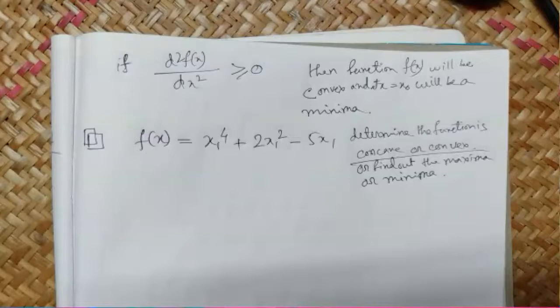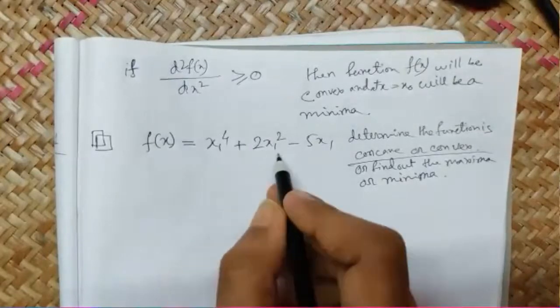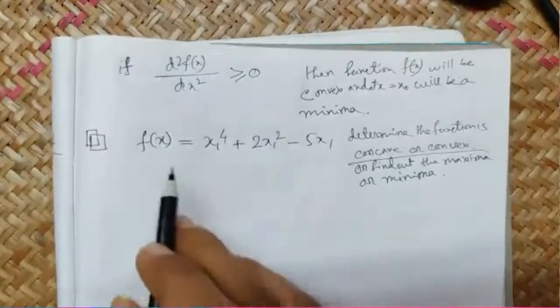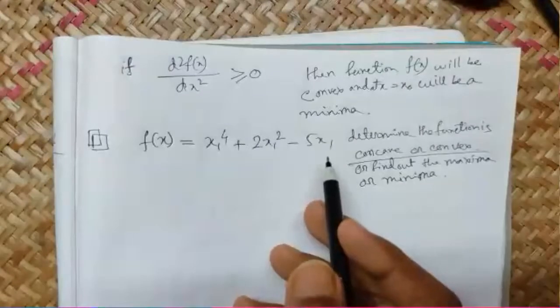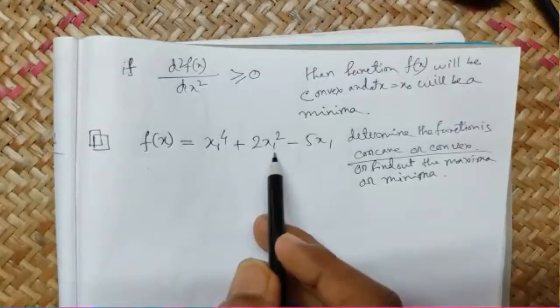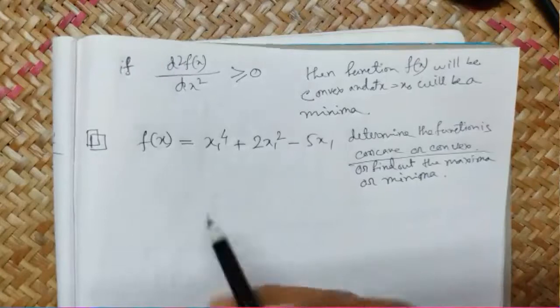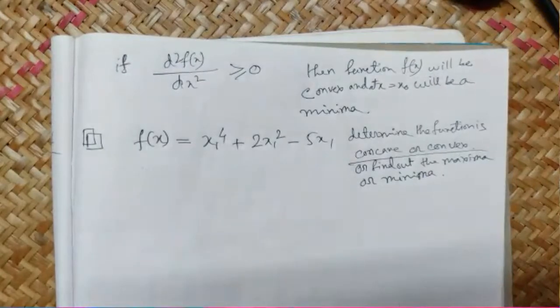Now you just write down the function here, fx equal to x1 to the power 4 plus 2x1 square minus 5x1. You can see that this problem is a nonlinear problem, as the objective function depends on x1 to the power 4 and x1 square, that means these are higher order terms, and that's why it is a nonlinear programming problem.